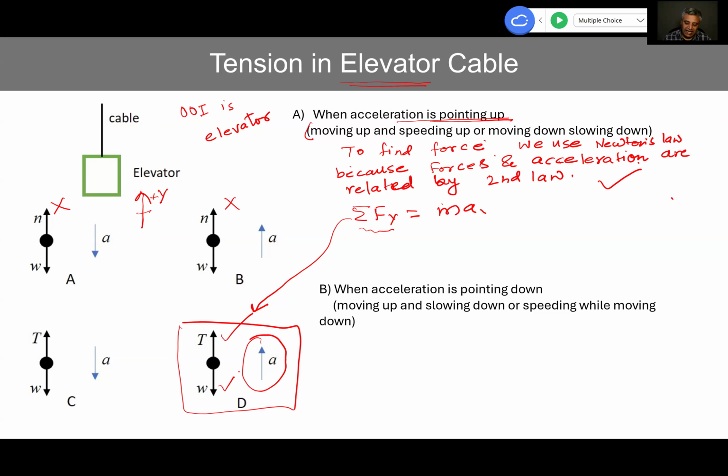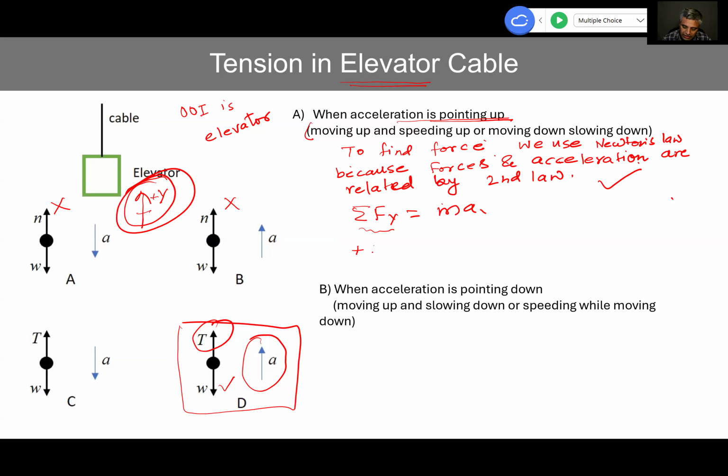So what's the sign of tension here? Based on our choice, is the sign of tension positive or negative? Can you type that in the chat, please? I see some positive there. So yes, positive. It's pointing up, and we chose up as positive in this coordinate.